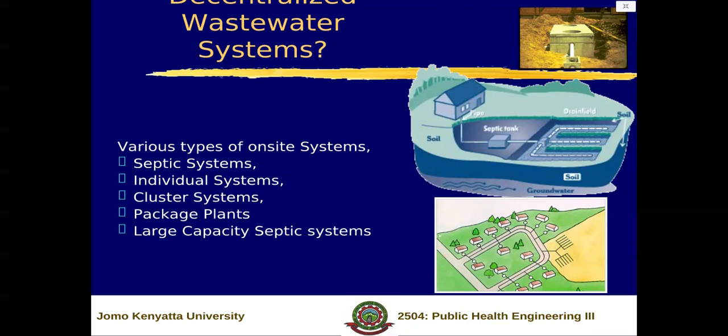So if you think about an average of about 4 or 5 members, septic tanks would ordinarily serve between 50 to 100 families, or maybe we say up to about 100 families. But it is possible also that you can use the same principles and do a large capacity septic tank.